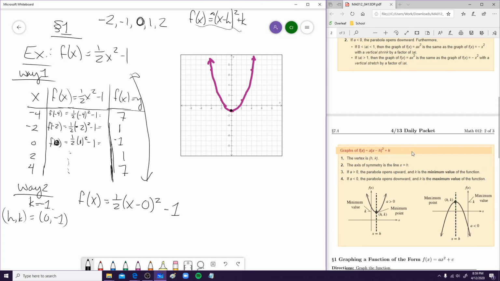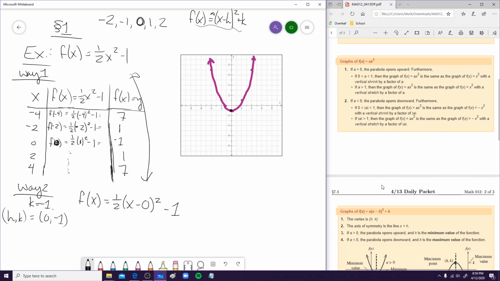Right? So with the vertical and horizontal stretches, what you'll normally do is, so what do you do when a is 1/2?